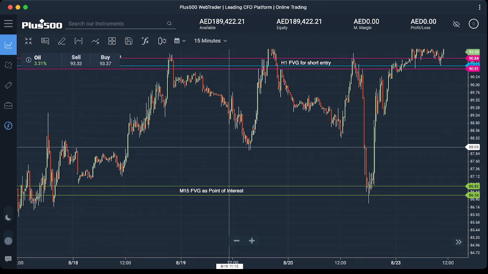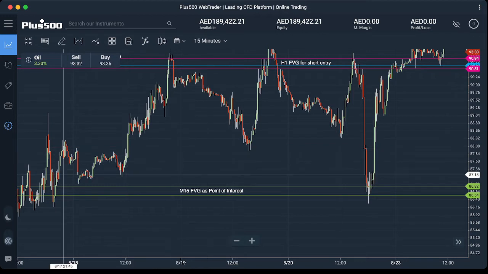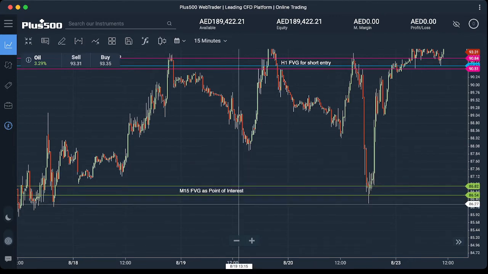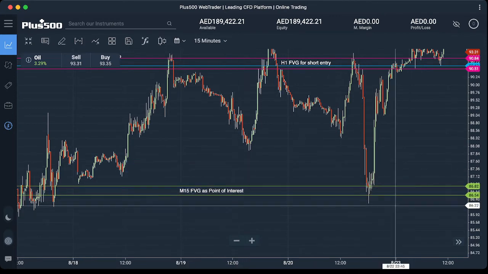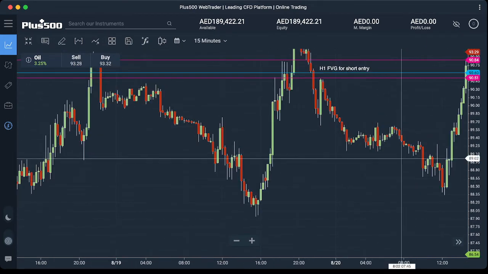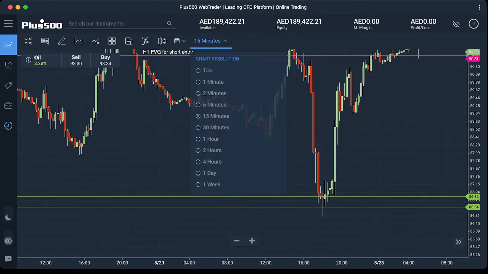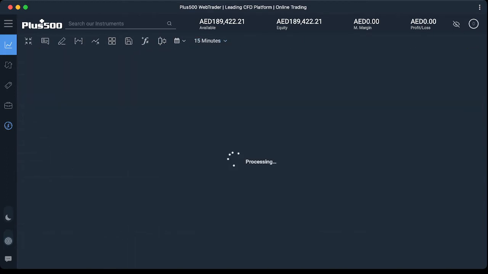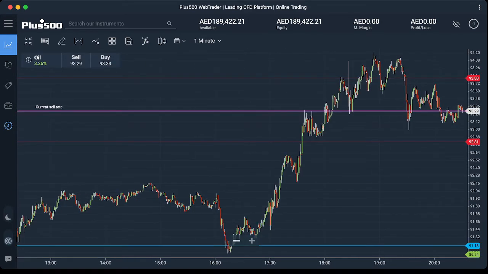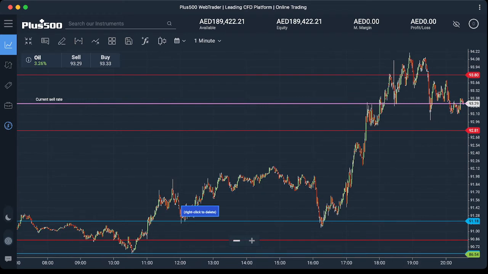Okay, here this was the 15-minute FVG as a point of interest, and we can see the price actually got reversed here. But before that, let me go to the 1 minute chart to show you the sell setup for Monday, and then we will focus on the buy side and buy setup for Tuesday.